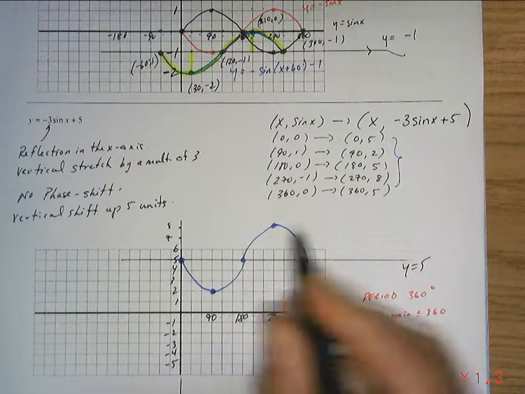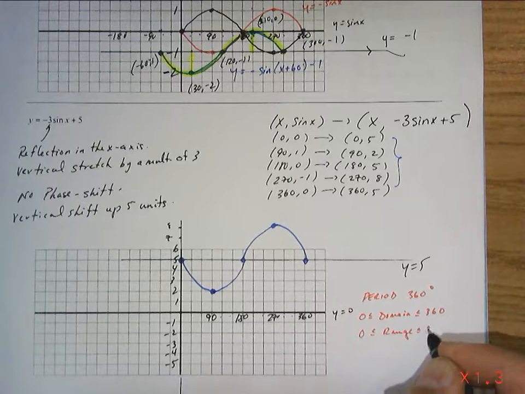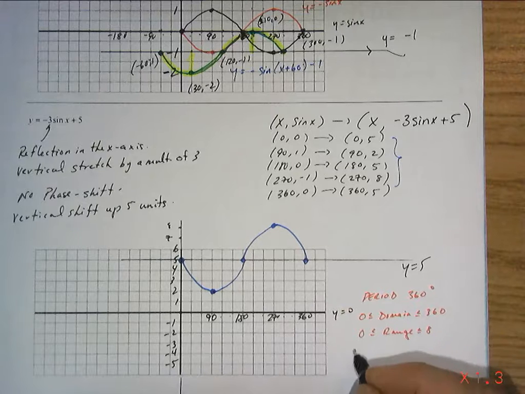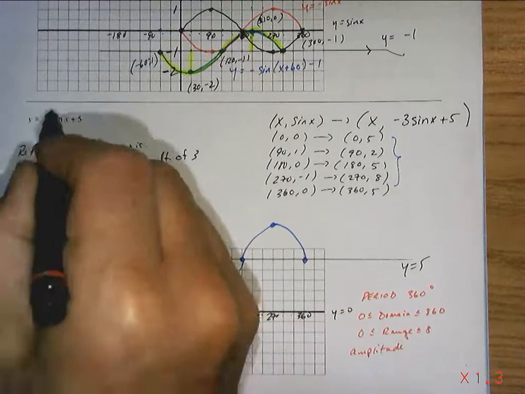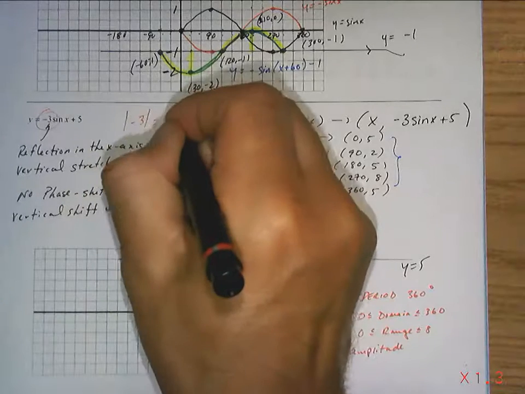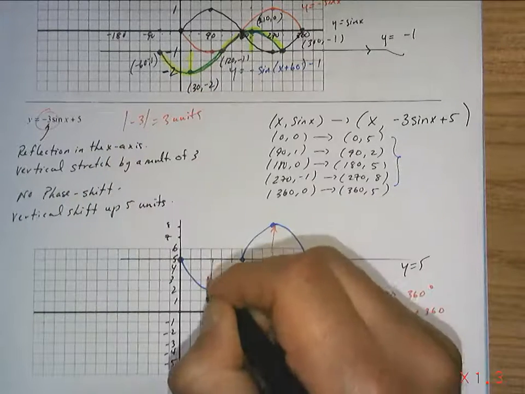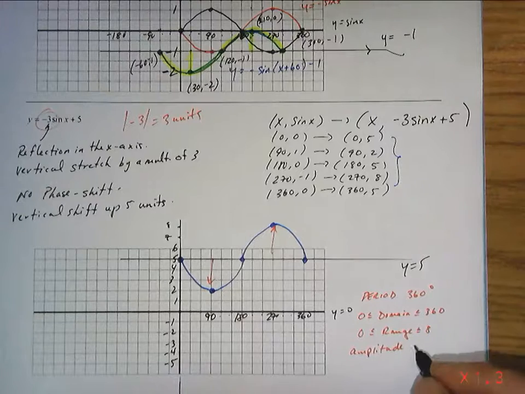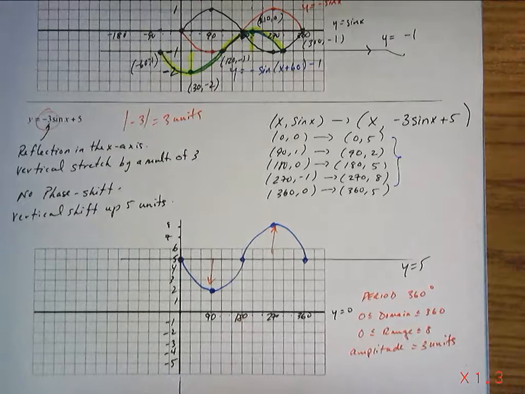The highest one in the range is 8. Amplitude. Well, we can read the amplitude right here. It's going to be the absolute value of negative 3, which is 3 units. Or we can read the amplitude here. 3 units. Phase shift, none. It's not moved left or right.